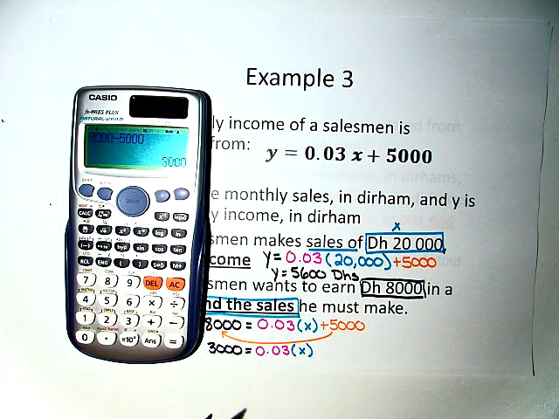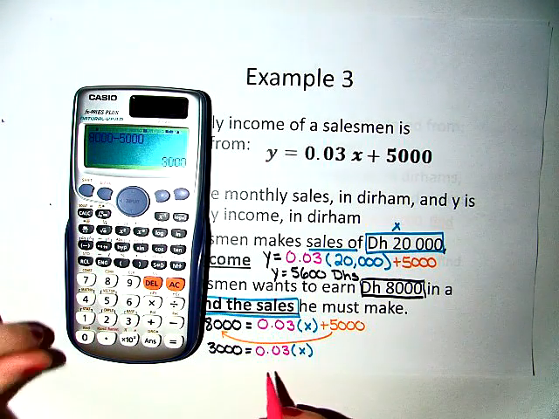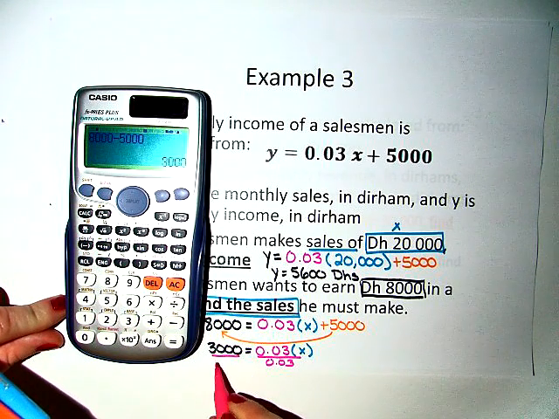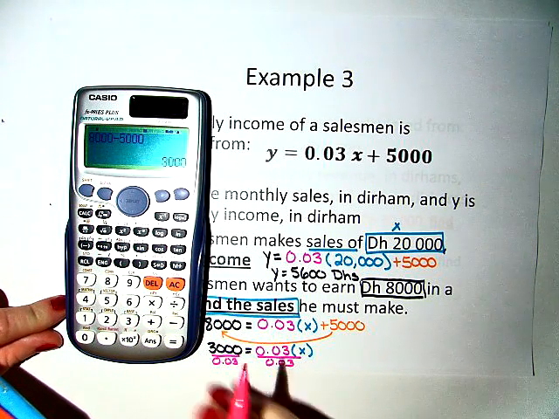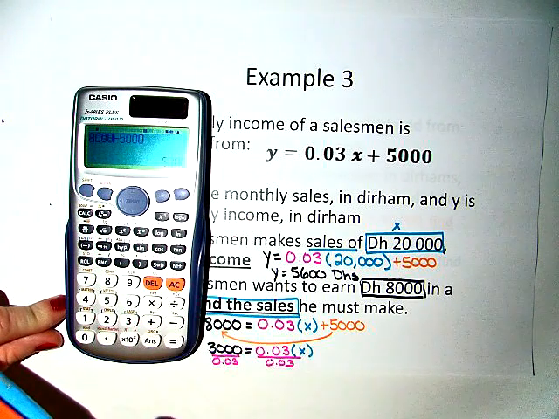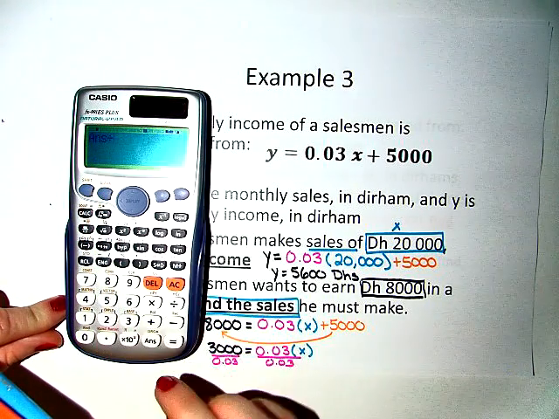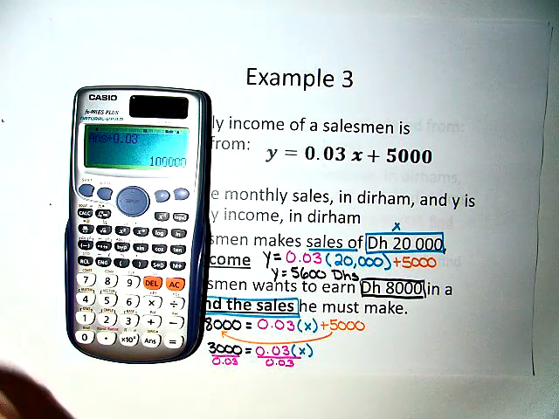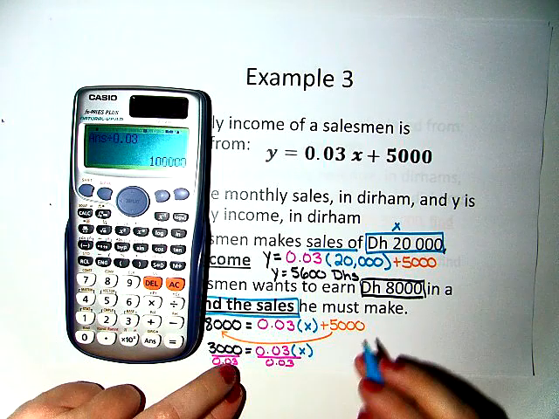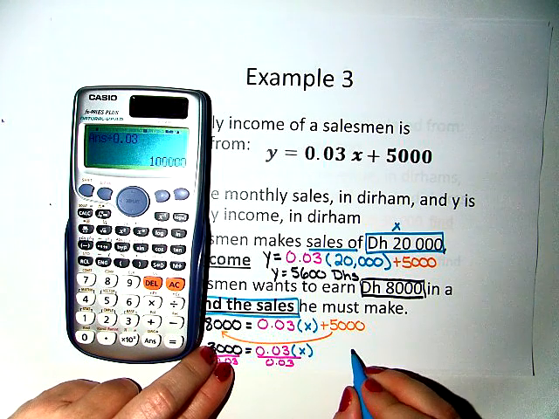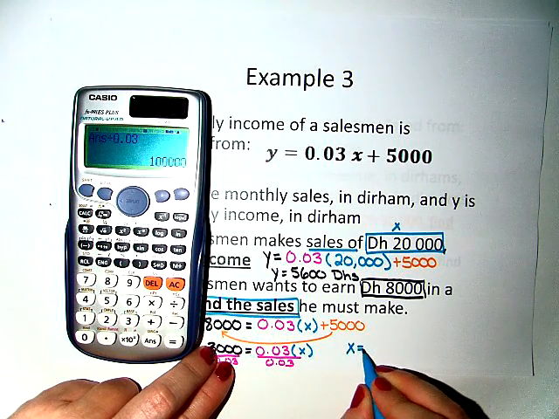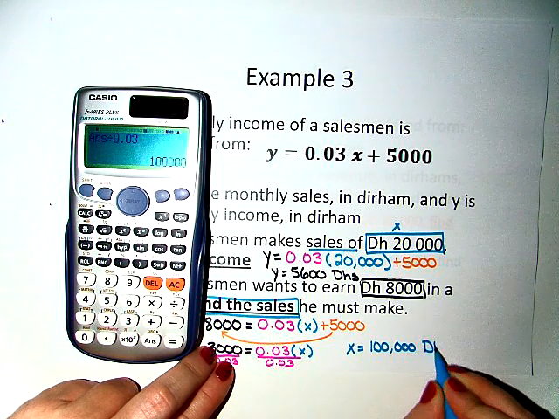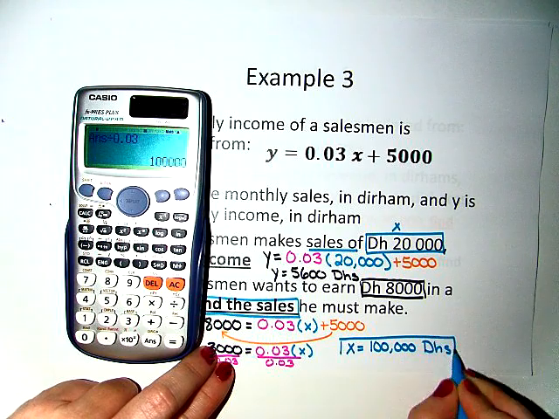To undo this, we need to divide by our slope, 0.03. Divide by the rate of change. So 3,000 divided by 0.03 equals our independent variable. So x equals 100,000 dirhams.